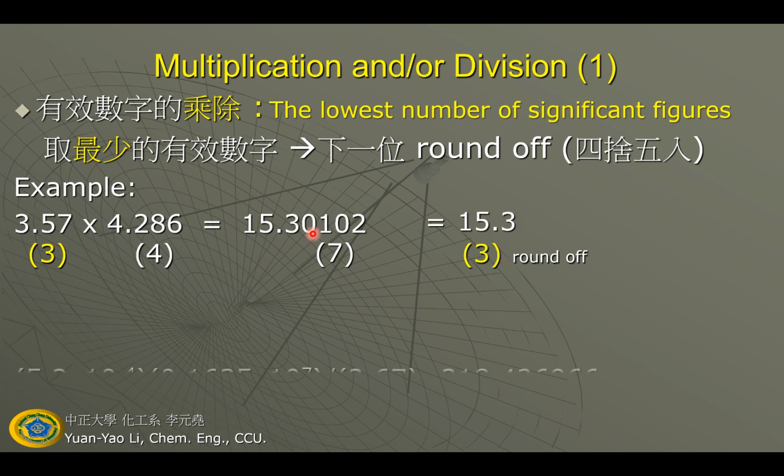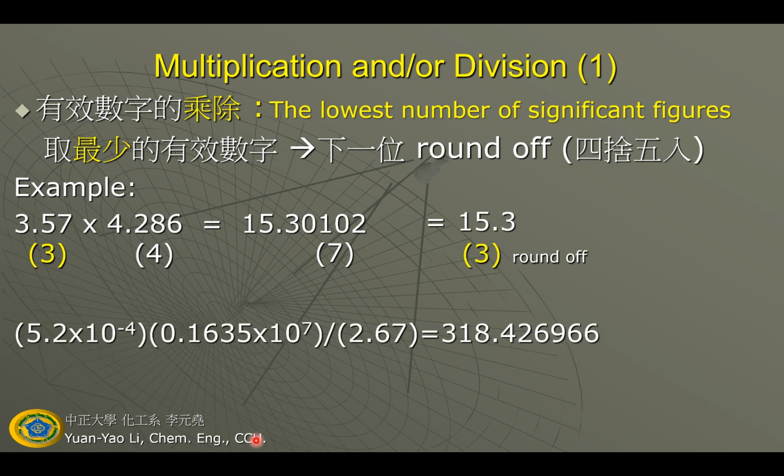Okay? How about this one? 2 significant figures. 4 significant figures. 3. If you do the simple mathematical calculation, you will get 318.4269966.